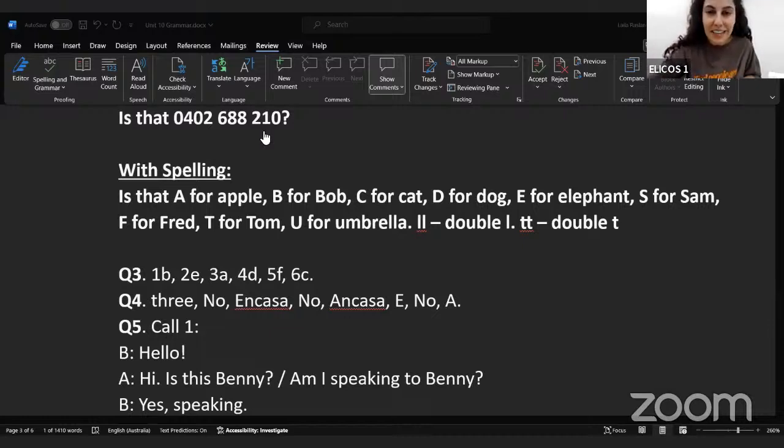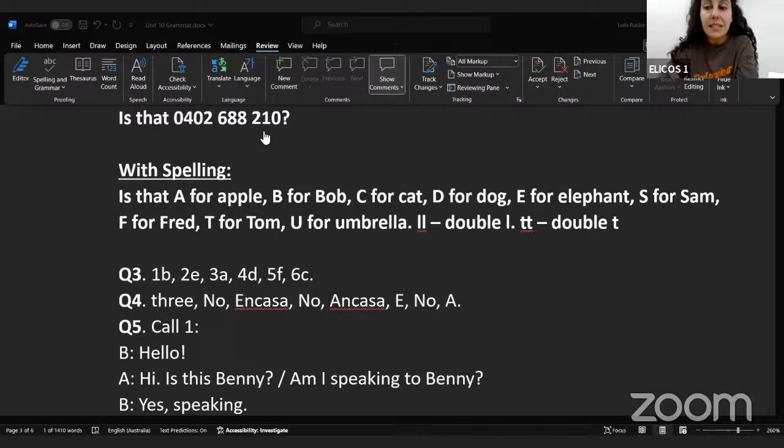So here are some conversations just to show you that practice of using what I said. We read the first one with Wilda. This is another conversation here. So caller 1 says hello, and A says, hi, is this Benny?